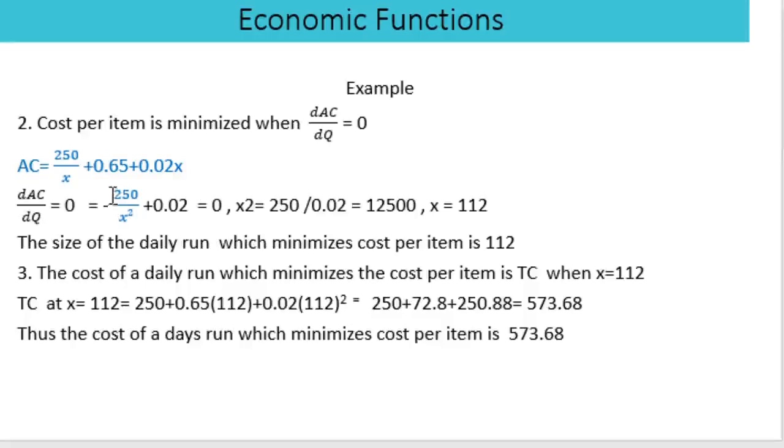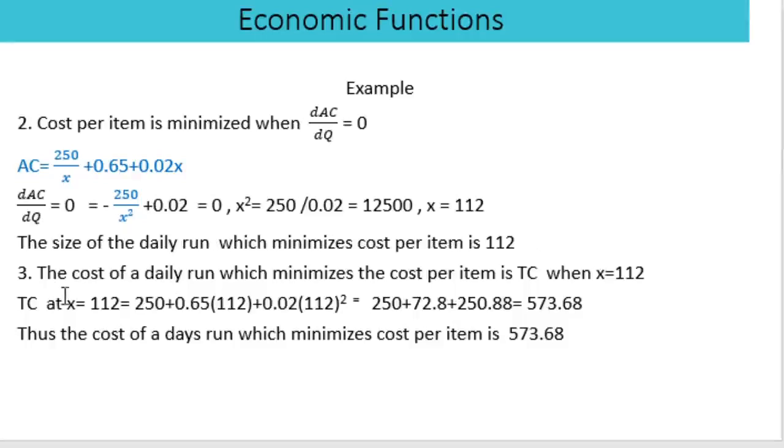We can say that 0.02 equal to 250 by x square, then x square equal to 250 by 0.02, that is 12,500. Therefore x equal to root of 12,500 equal to 112. The size of daily run which minimizes the cost per item is 112. That is, the size of x which will minimize average cost is 112.